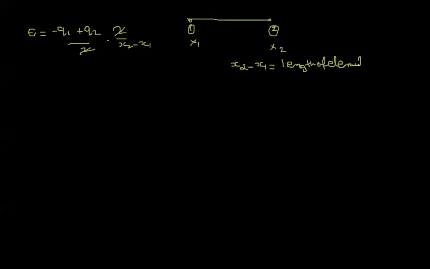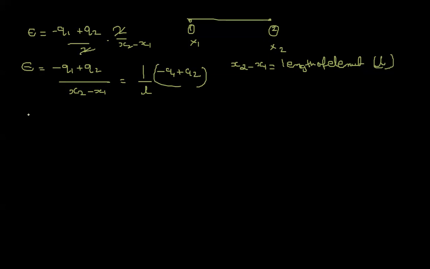The length of the element can be represented as a small l. Therefore, epsilon is equal to minus Q1 plus Q2 divided by x2 minus x1, which can be written as 1 by L times minus Q1 plus Q2.